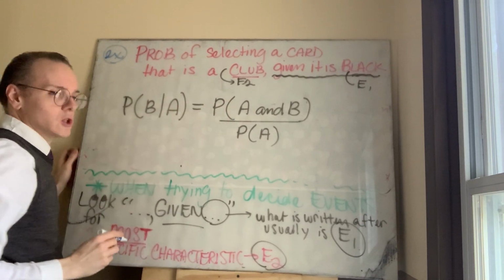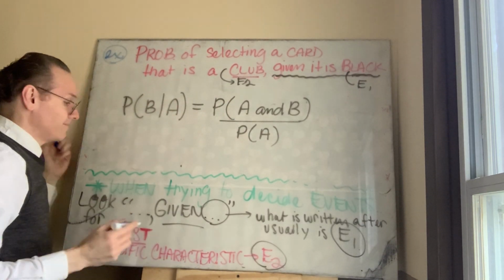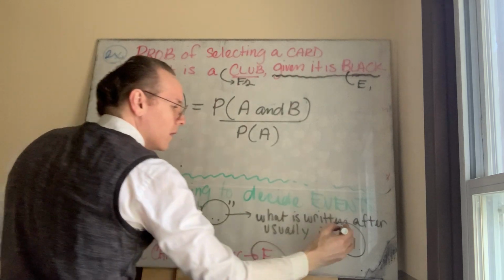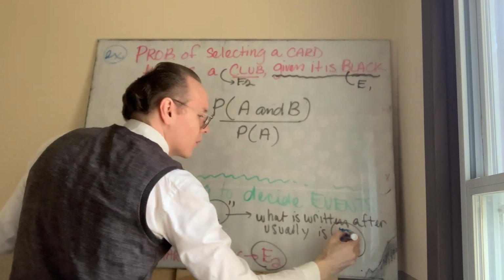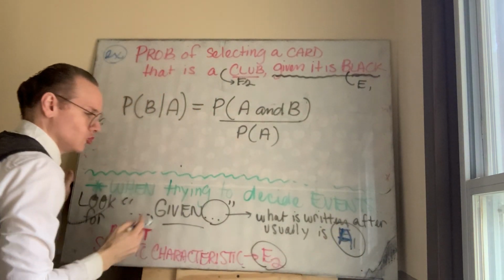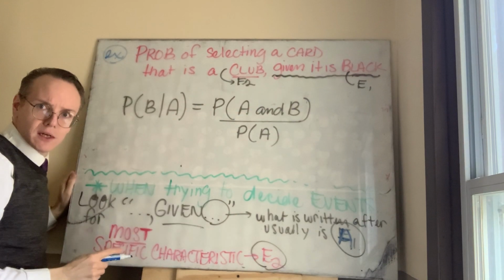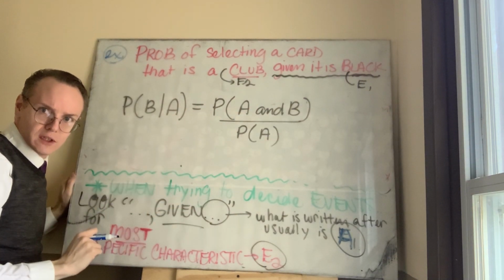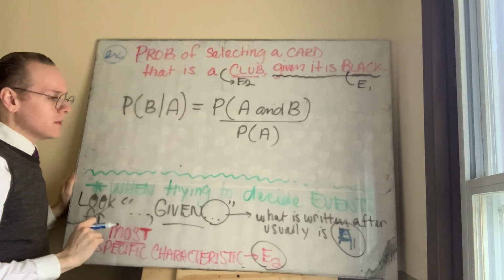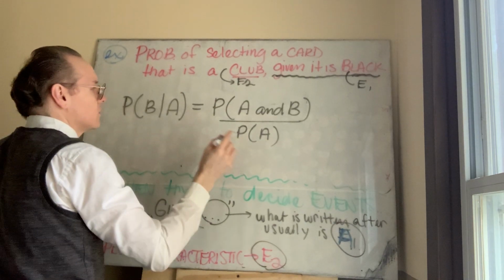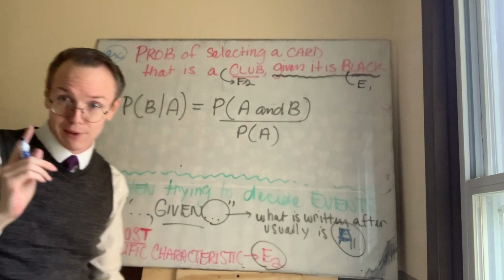How do we decide which is B and which is A? Again, what follows the word given is usually what is A, right? Barring some weird sort of English phraseology. So, all right, that's still going to be black.